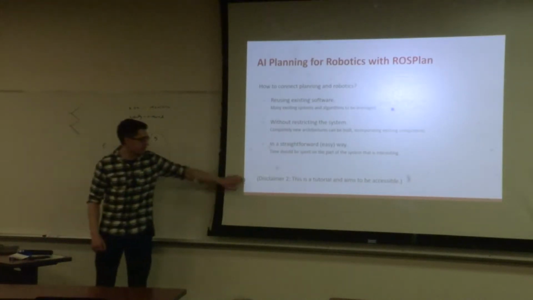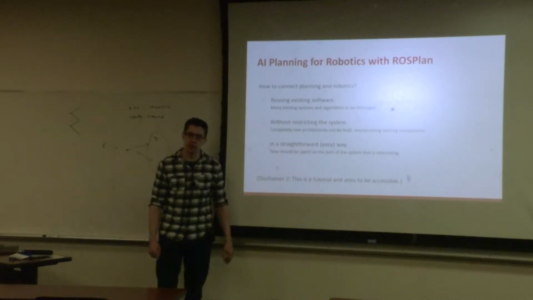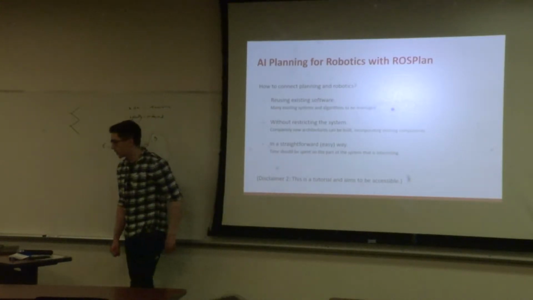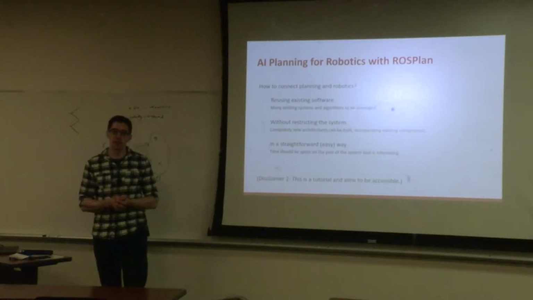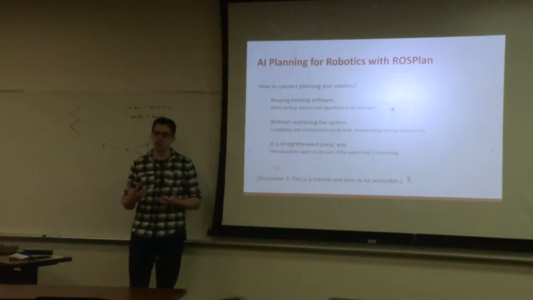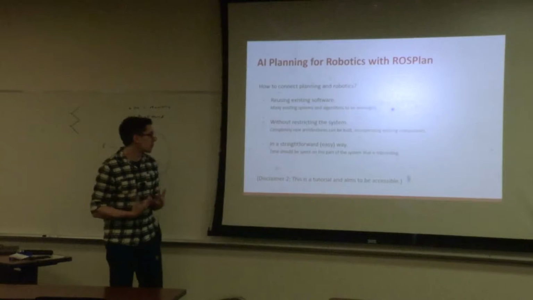Okay, the second minor disclaimer, this is aiming to be an accessible tutorial. That is, there is no way, even with 4 hours, for me to go into a great amount of detail on how do you react to unexpected events, or is this plan still valid? Each of these are big problems.